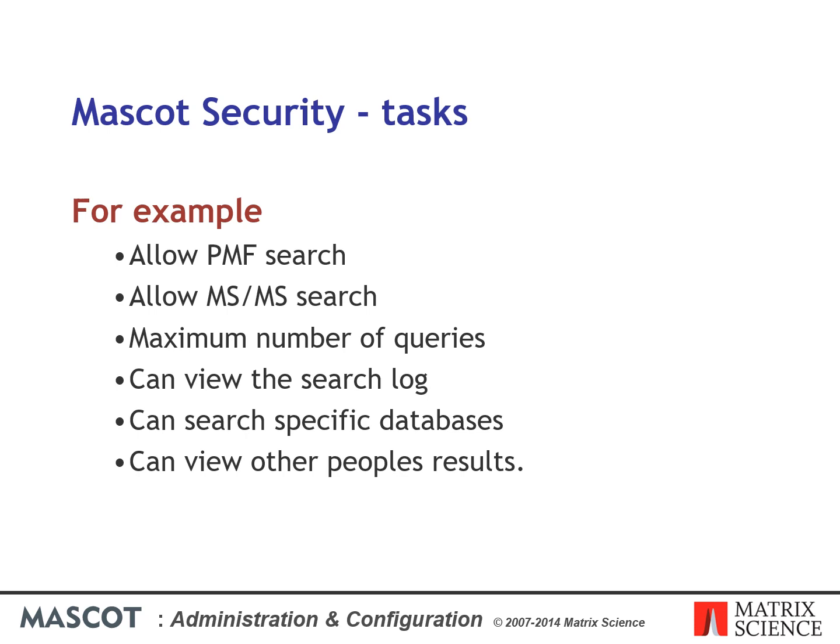For example, allow peptide mass fingerprint searching, allow MSMS searching, maximum number of queries in a search, can view the search log, can search specific databases, can view other people's results.